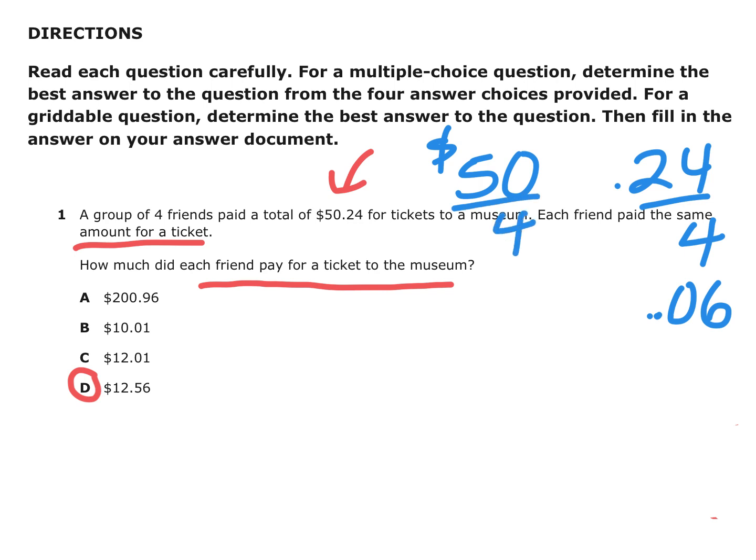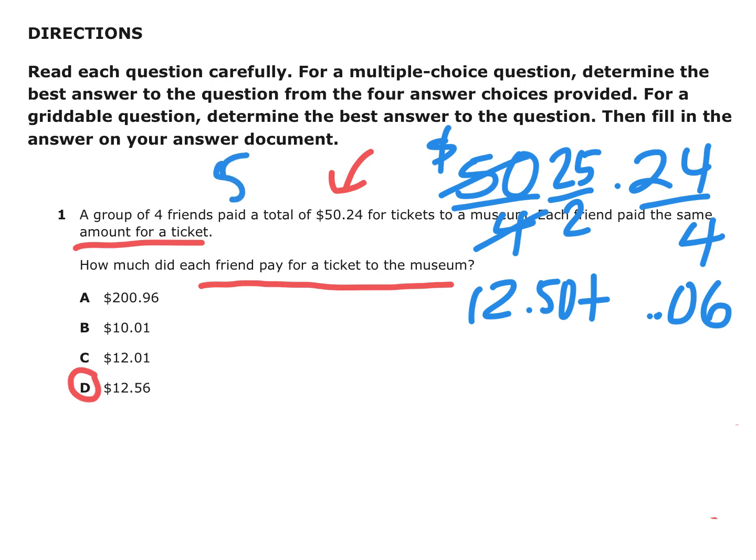If you take 50 divided by 2, that's 25. What I'm going to do is reduce this: 50 over 4, I can reduce it by 2, and that would be 25 over 2. 25 divided by 2 is 12.50. So I'm going to have 12.50 when I divide 50 by 4.